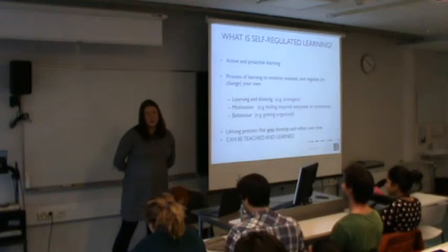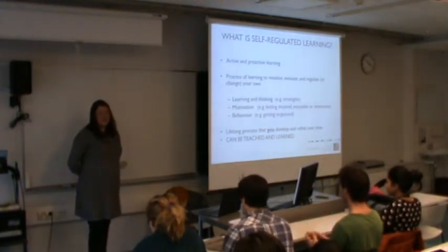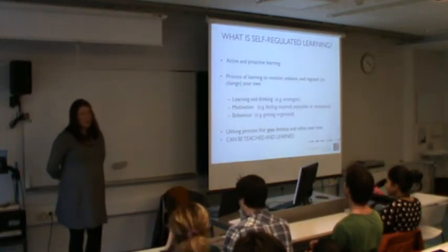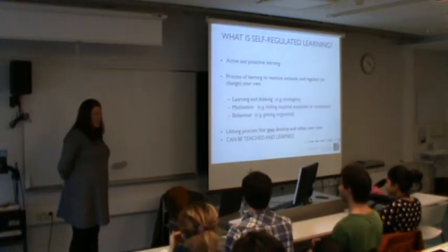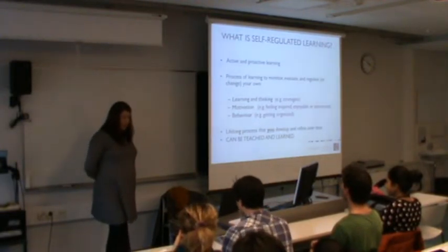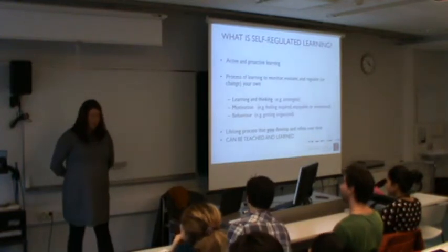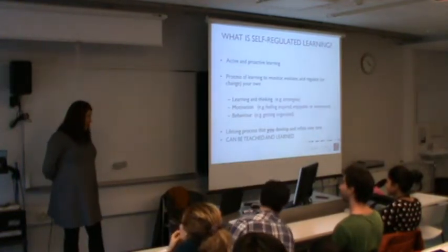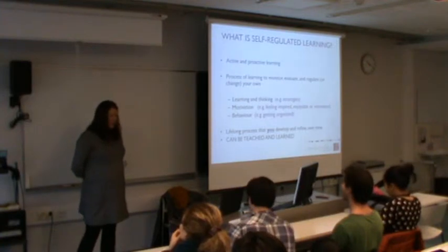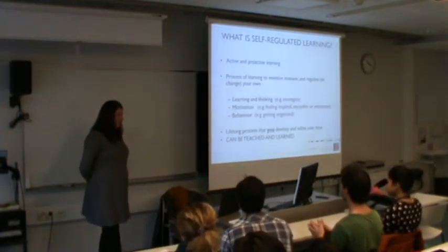Many times when you start to read articles, you first find a definition that self-regulated learners are characterized as active participants of their own learning. But I don't think that there is such a thing as a self-regulated learner, because all students are self-regulating their learning to some extent.